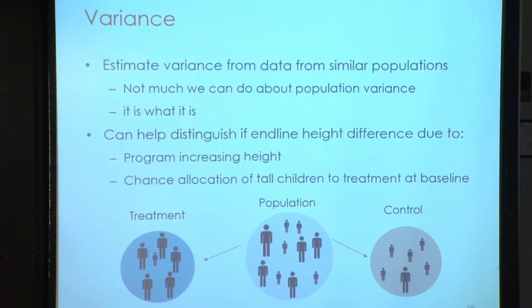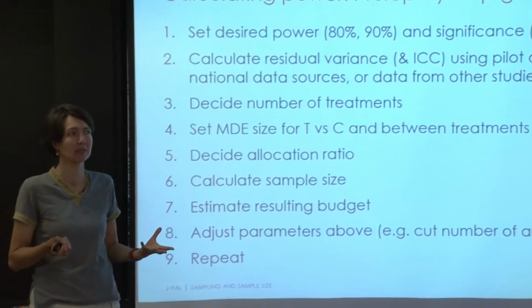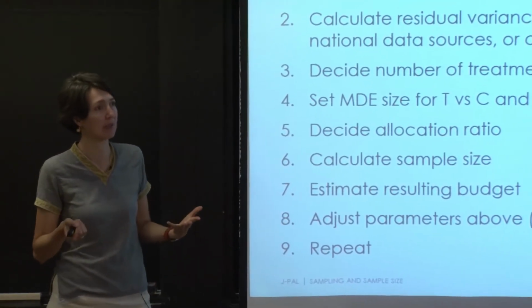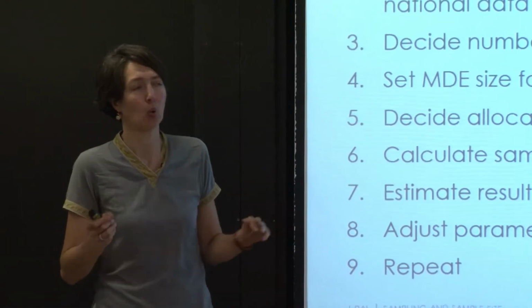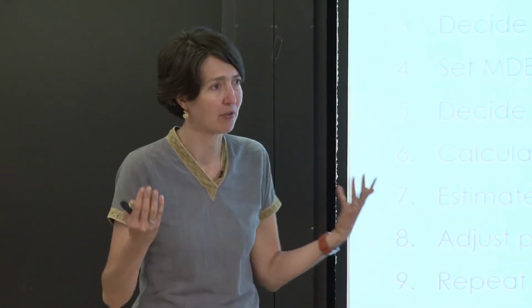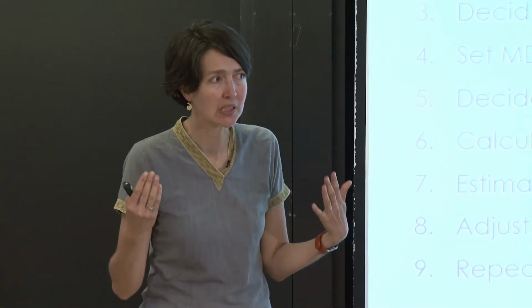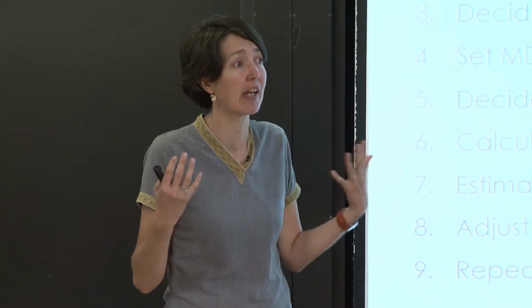Yes? I missed this from the previous slide. What is MDE? So we talked about effect size, the hypothesized effect size, being important in power. I'll go into a lot more detail about how we come up with the right effect size.